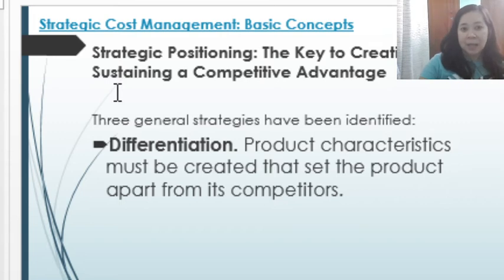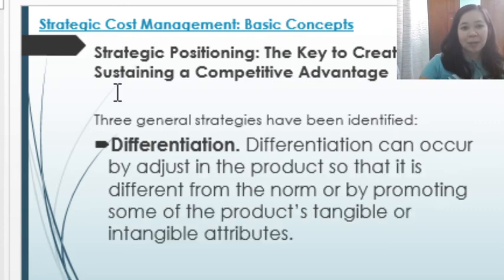But again, you have to make sure that the increase of this cost should also add customer value, so that the customers will not be disappointed and their expectations are met, because normally there are consumers or customers that are willing to pay a higher price provided that the product or service is of high and good quality.